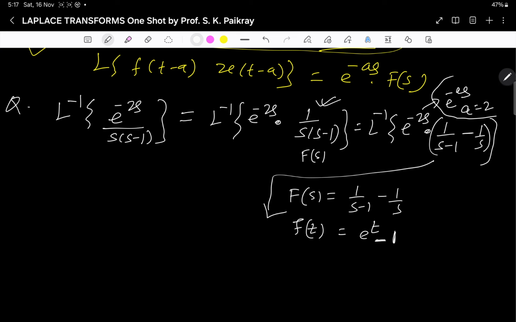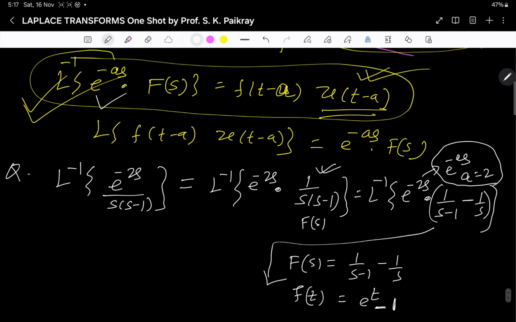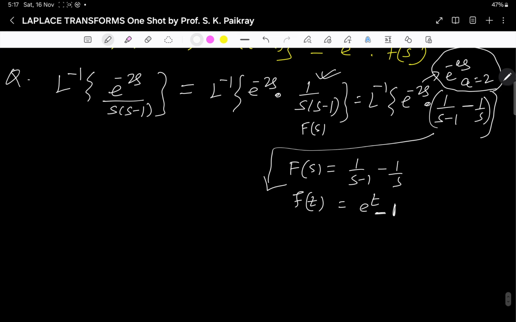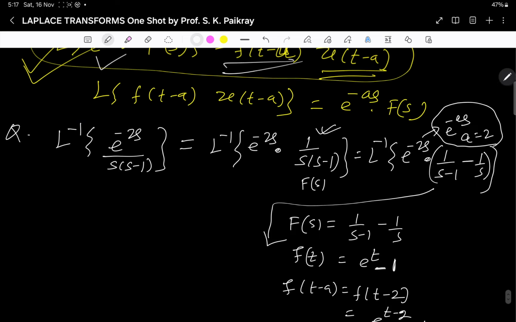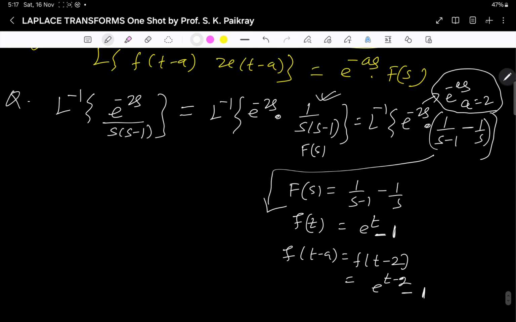A is 2 here. But by the formula we need f(t minus a). So f(t minus a) means here f(t minus 2). So this is e to the power (t minus 2) minus 1. Is it not? E to the power minus as F(s).